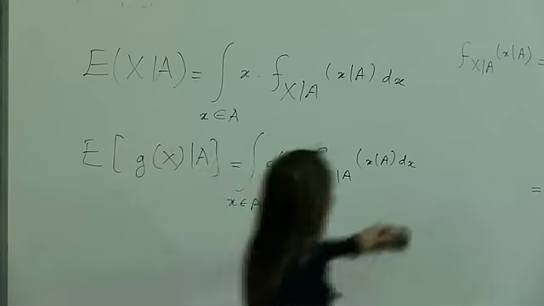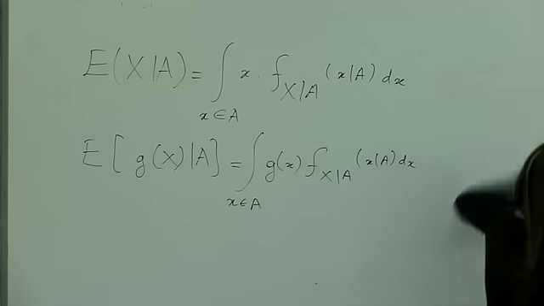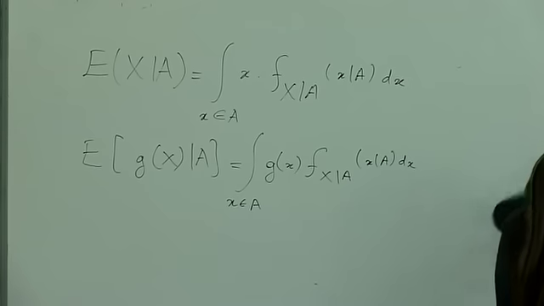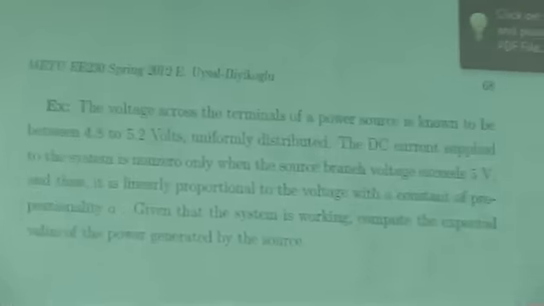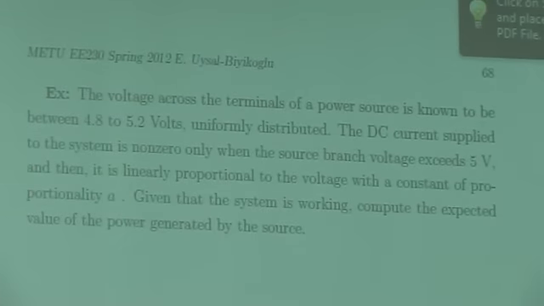Let's do an example for these. Here's the example. The voltage across a certain power source is known to be between 4.8 to 5.2 volts, but it's random. Perhaps it depends on certain environmental conditions, etc. And it's uniformly distributed between 4.8 and 5.2.